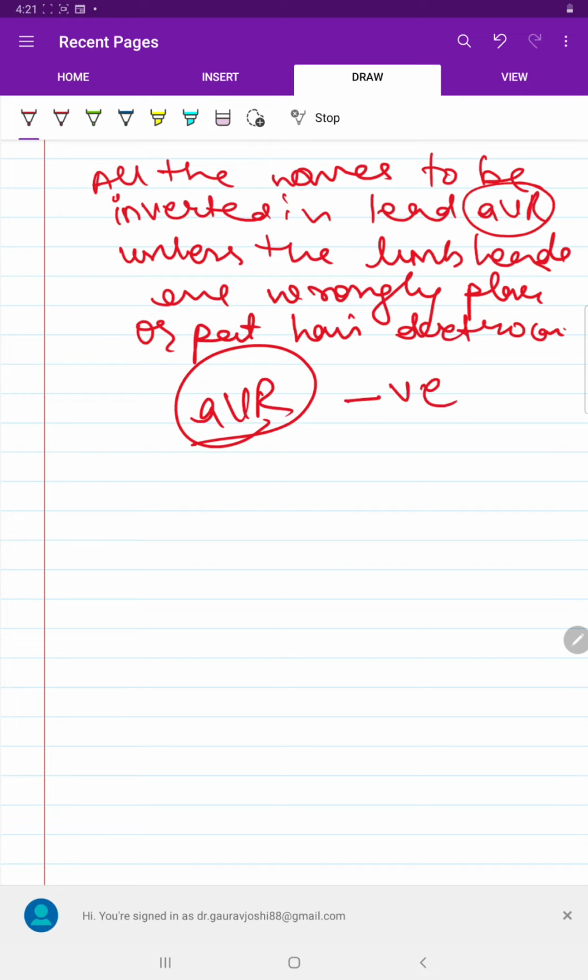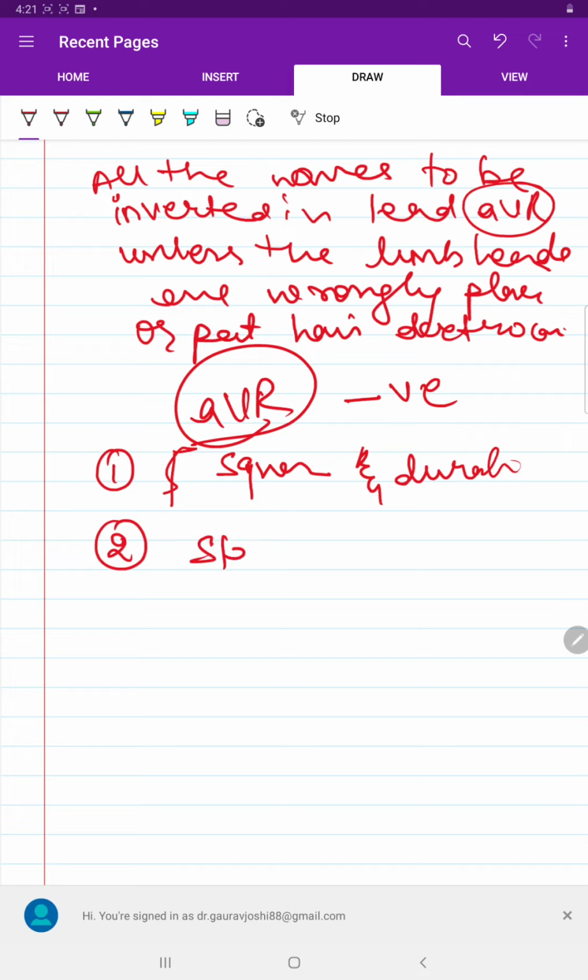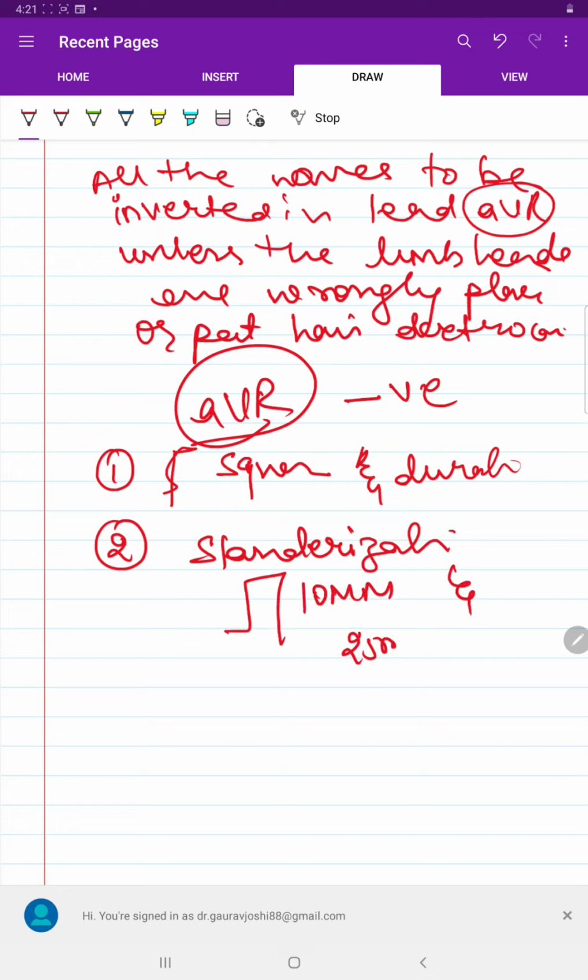So after taking the ECG paper, first thing, appreciate the squares and duration. Second thing, check the standardization, the size of 10 mm amplitude and 25 mm per second speed.